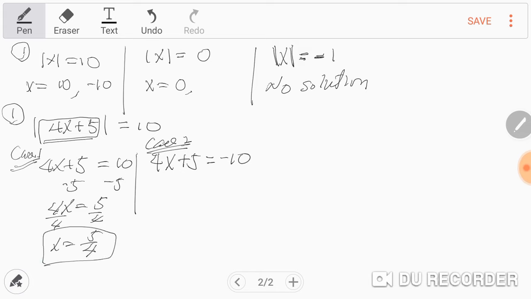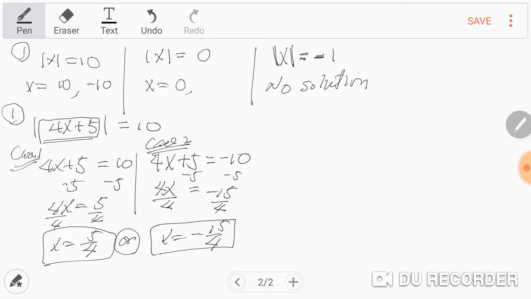From the second equation, 4x is equal to minus 5 each side, then negative 15. Divide each side by 4. x equals negative 15/4. So these two values are the solutions. x is positive 5/4 or negative 15/4. Okay, let's try another example.